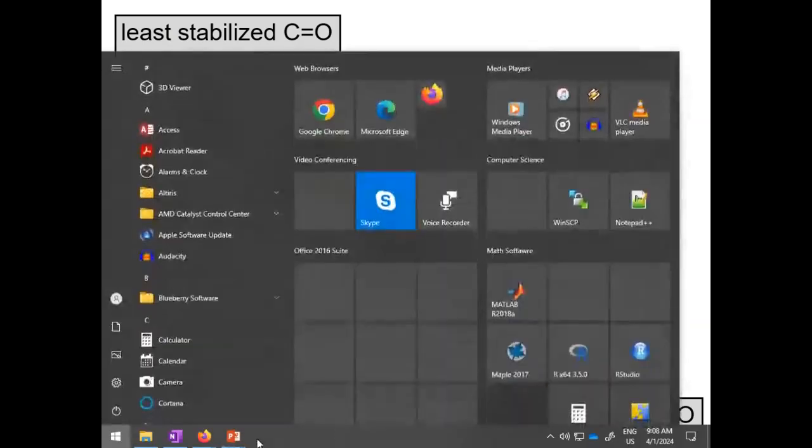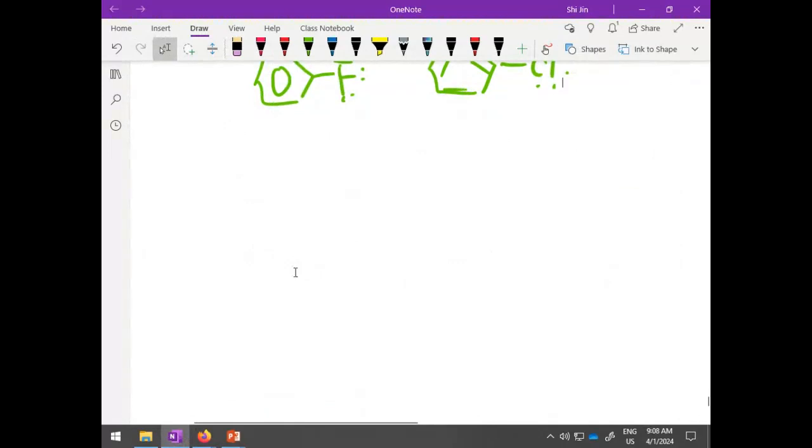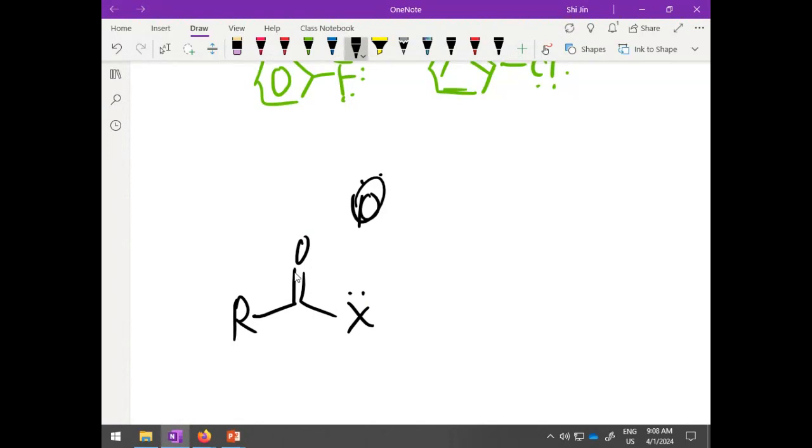If you understand the reason behind why the carbonyl stability is impacted by the structure, it is basically how well the heteroatom can donate its lone pair to the carbonyl carbon.